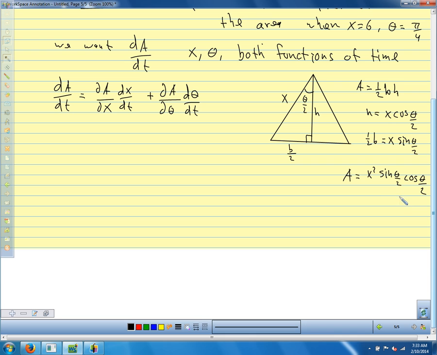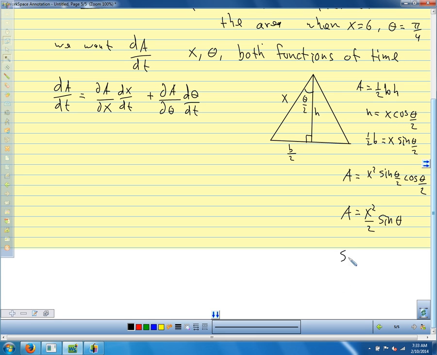Does this quantity, sine theta over 2 cosine theta over 2, look familiar to anyone? Because sine 2 theta is 2 sine theta cosine theta. So this is x squared over 2 sine theta.